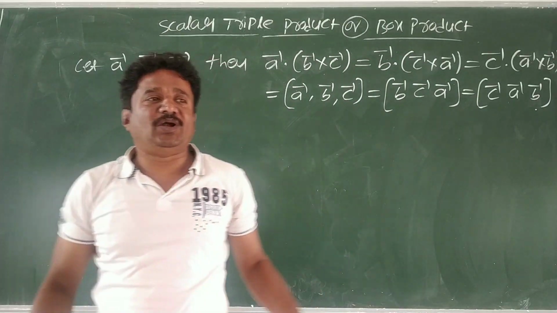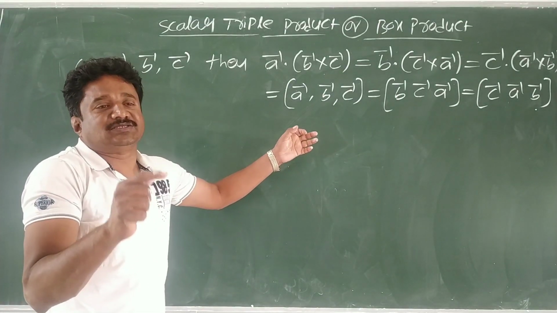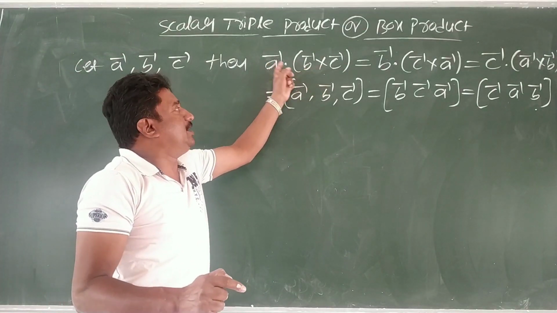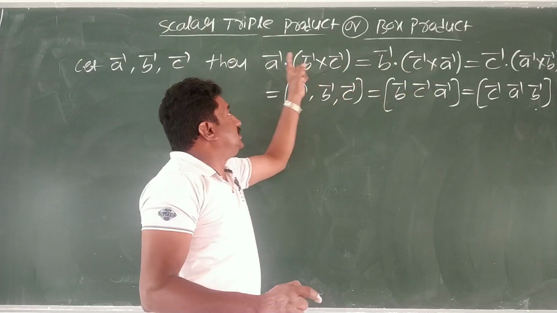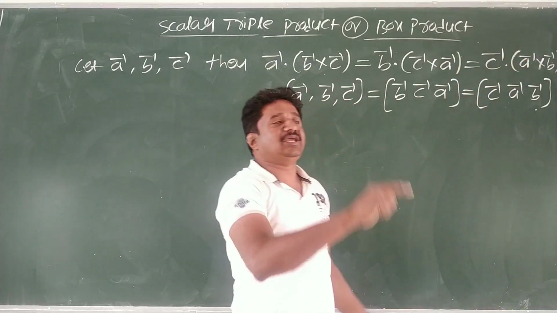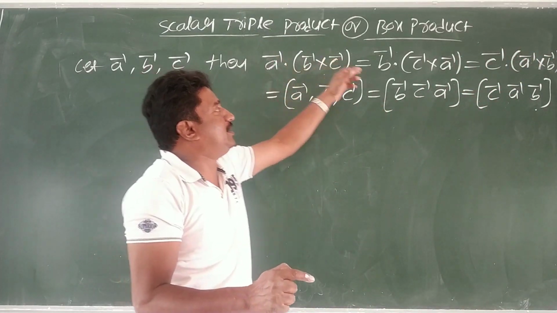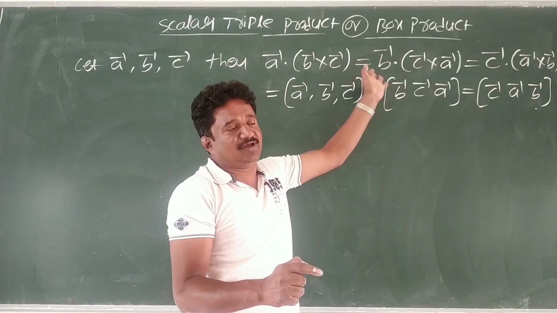This product is called the scalar triple product. So which product is called the scalar triple product? A dot B cross C is the same as B dot C cross A, in cyclic order ABC, BCA, CAB. The value of this box product is the same as the value of this one. They are all one and the same.